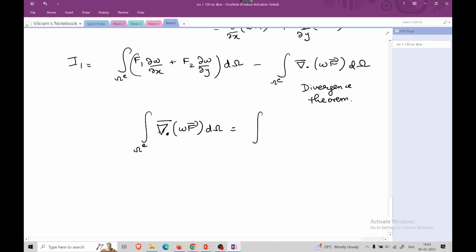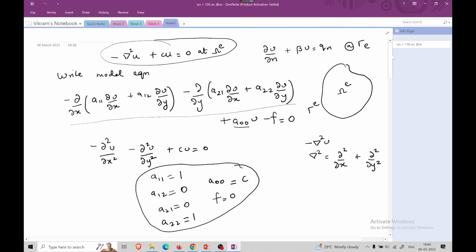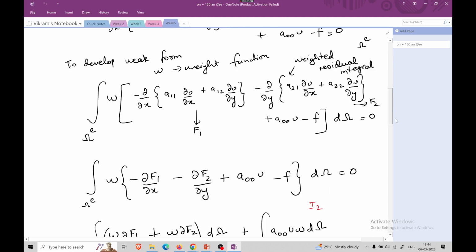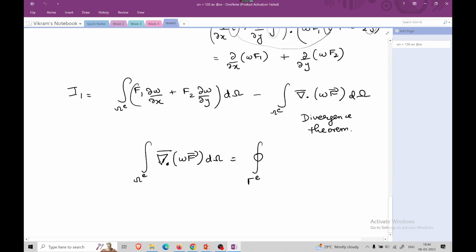For a surface integral, always remember we use this circular symbol, because it means a surface integral across the boundary. If you go up, I defined the element and boundary this way: my element is Ωe and my boundary is Γe. This is going to be the same vector multiplied with the unit normal, and this is dS.